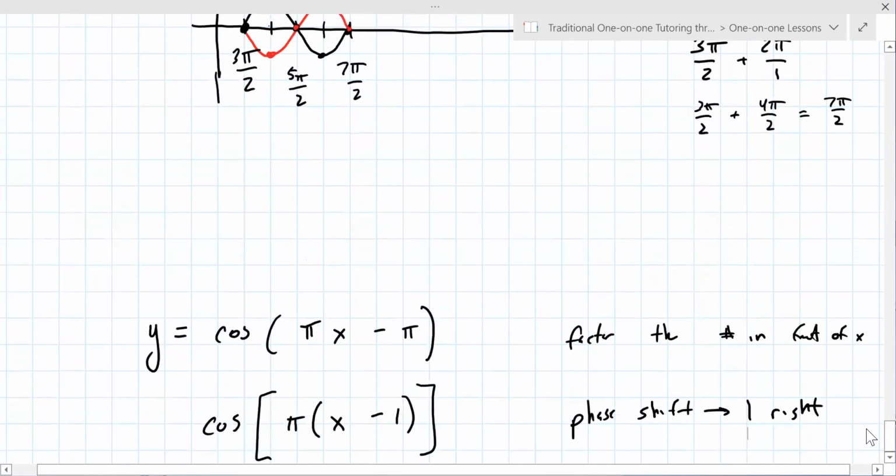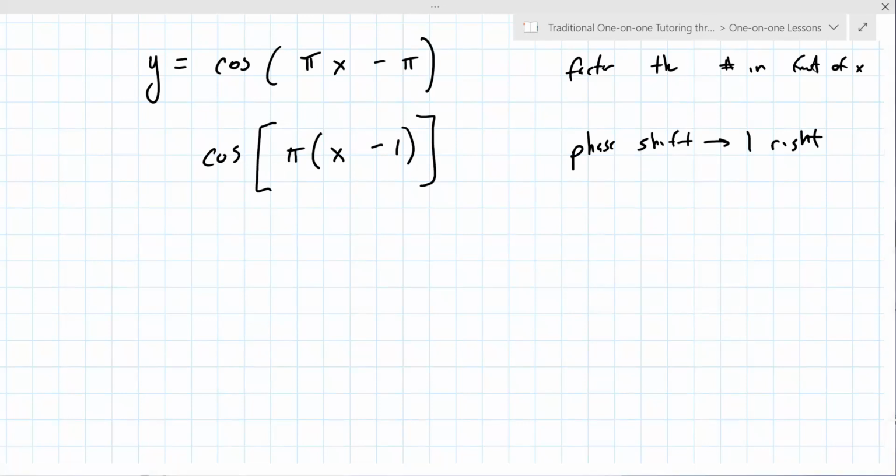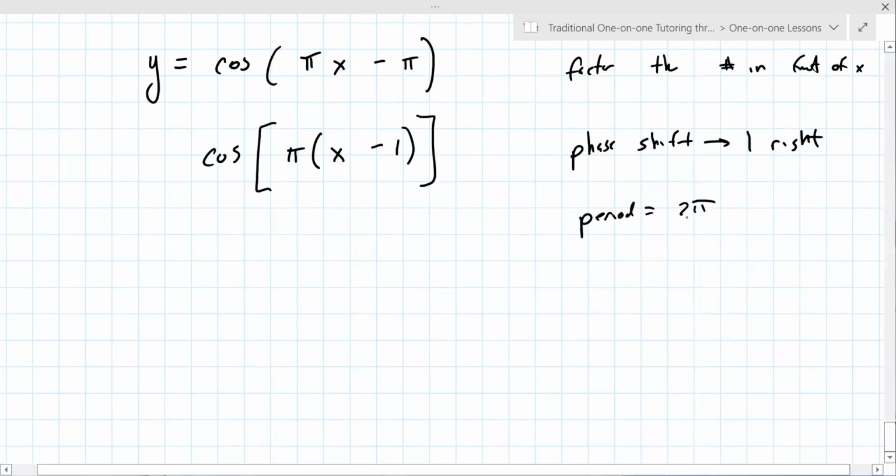It's whatever's inside parentheses so long as you factored out whatever's in front. The period is what changes, because it's still 2 pi over b, the number in front of x, which in this case is pi.